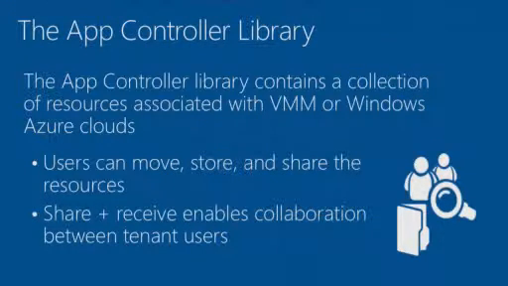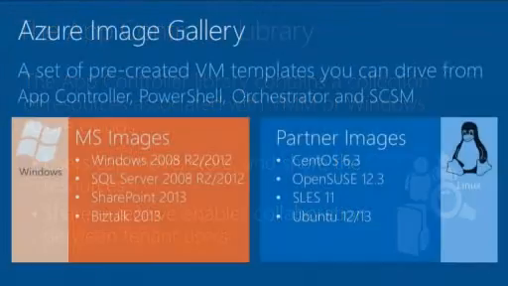So if I grant the permission to share and receive, I'm enabling collaboration between users. That's something we would see commonly amongst our tenant admins, to give them capability to work in that respect as they carve up and consume their cloud capacity in a way that makes sense for their business unit or, if they're an external customer, their business.